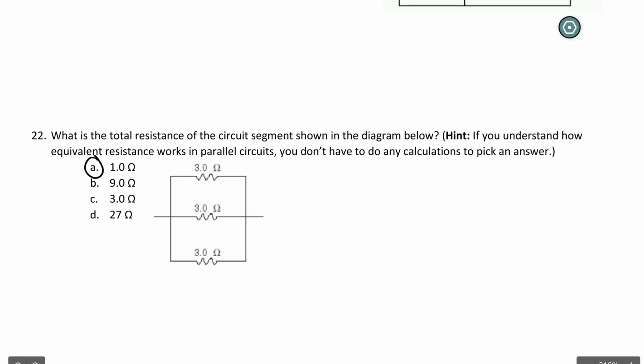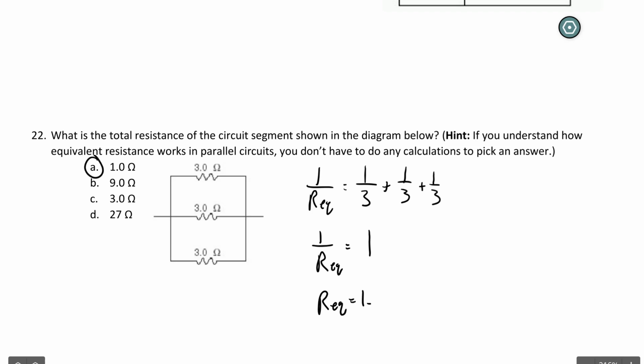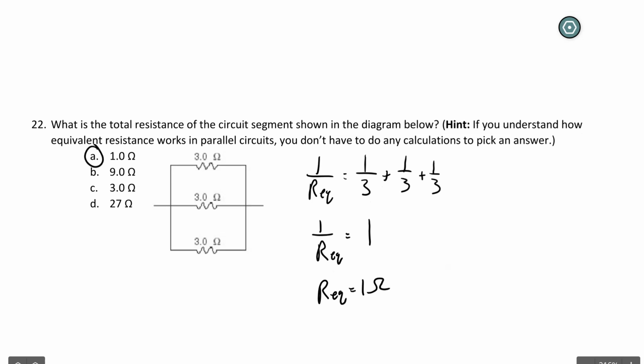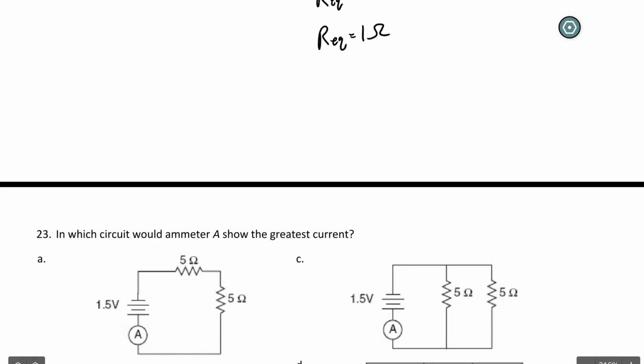Let me prove it to you, okay? 1 over REQ is equal to 1 over 3 plus 1 over 3 plus 1 over 3. What's 1/3 plus 1/3 plus 1/3? 3/3. 3/3 is equal to 1. 1 over REQ is equal to 1. Take the inverse. REQ is equal to 1 ohm. Boom. That's the answer. Tricky stuff.